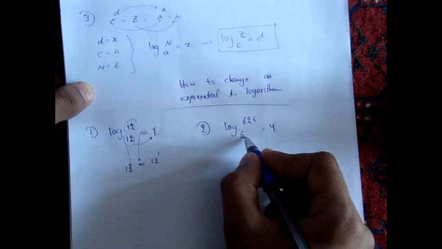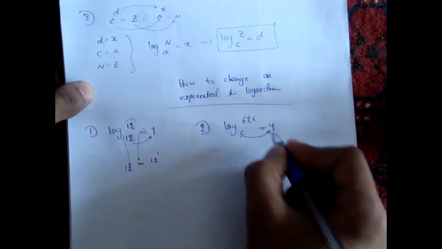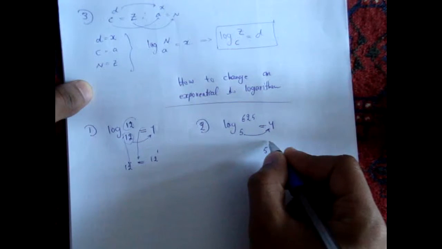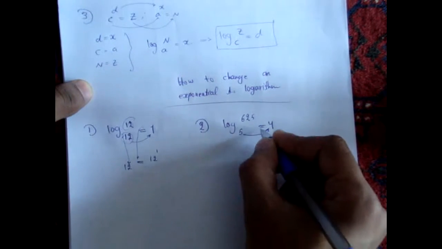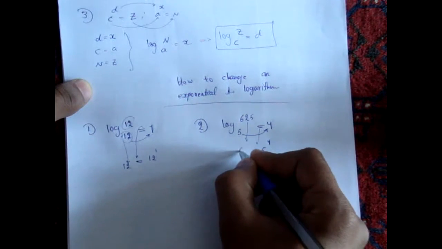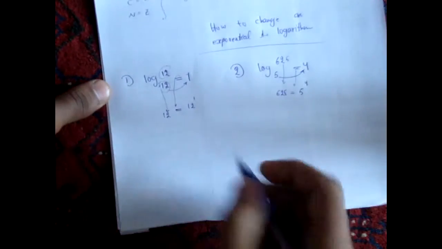So I take the 5 and raise it to the power of the number on the right side of the equation. So I write 5 to the 4 equals to what? 625. I'm gonna do another example.